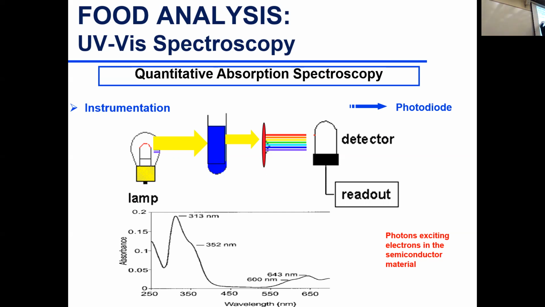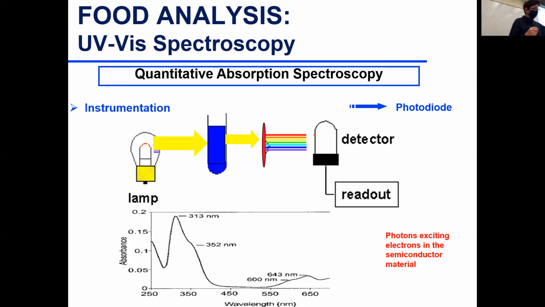So the light from the lamp, instead of having a monochromator here that selects one wavelength to go to the sample, the entire light with all the wavelengths gets onto the sample. And your components are going to absorb light at different wavelengths. The transmitted light is going to be projected onto an array of photodiodes. That means many photodiodes. The photodiode is basically a semiconductor that converts every photon of light into an electric signal.